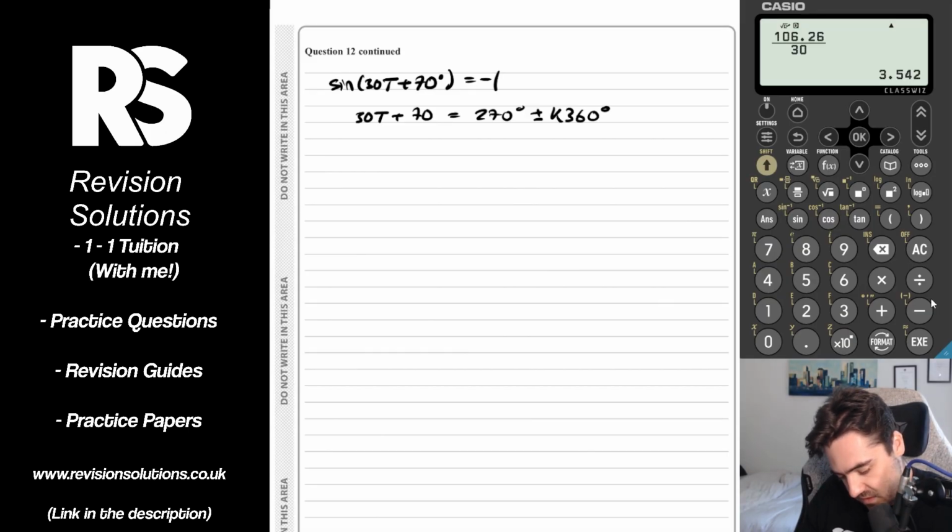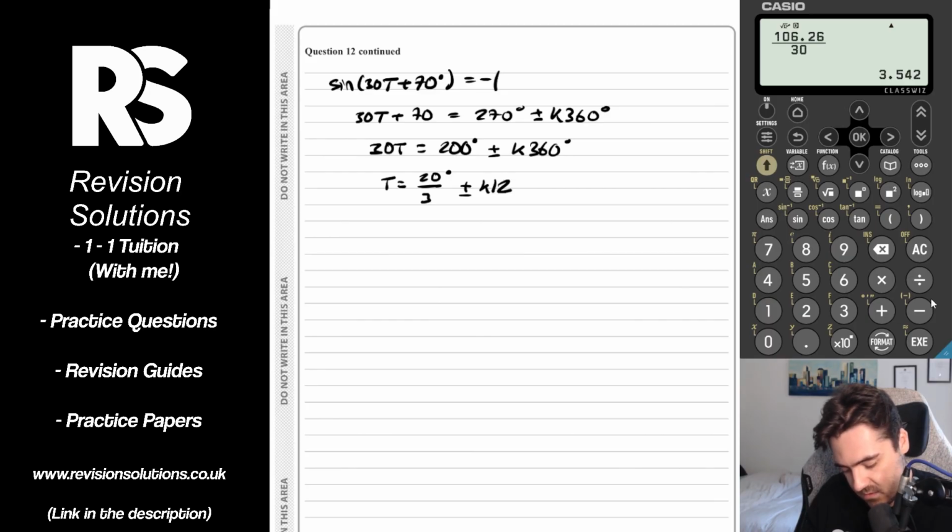So taking off the 70 first, we'd have 30T equals 200 degrees plus or minus the k360 still. And then divide by 30, and we get T is 200 over 30, that's the same as 20 over 3, plus or minus the k lots of 12 again. So we're not going to need the k lots of 12.